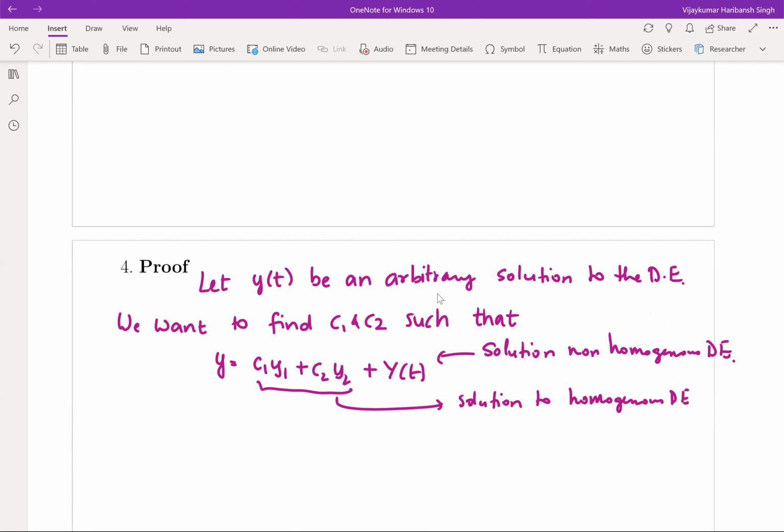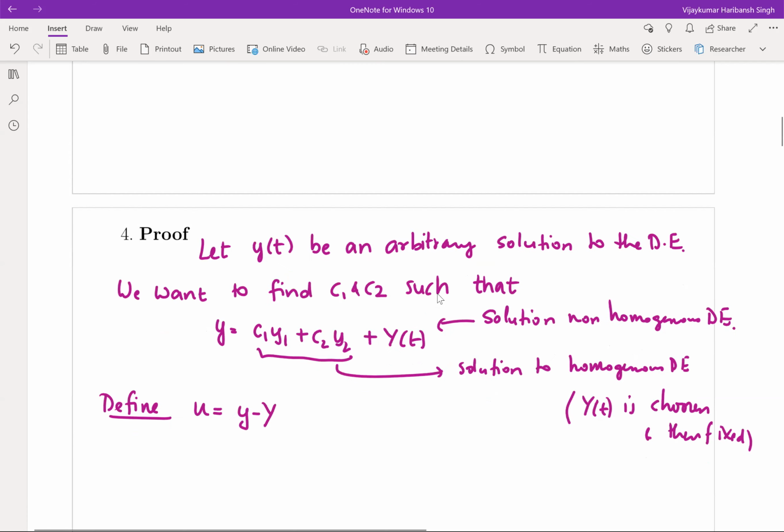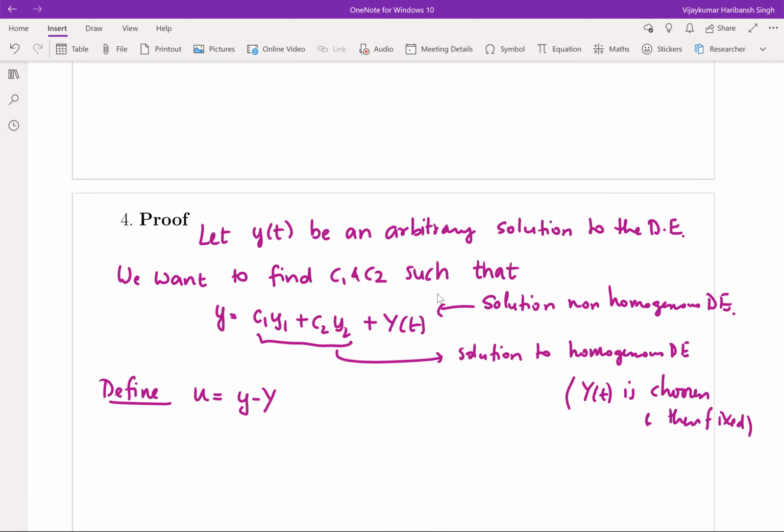So define u = y - Y. Your capital Y(t) is also chosen and then fixed. You're not changing Y(t). So now notice the following. Let's look at u.